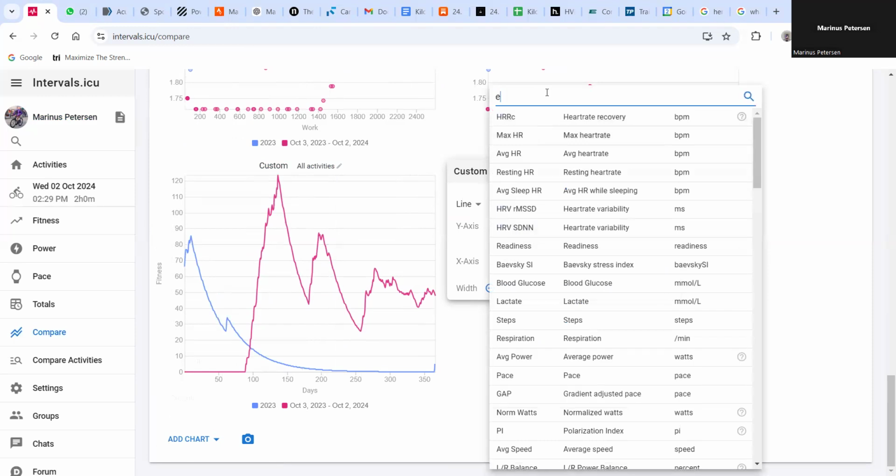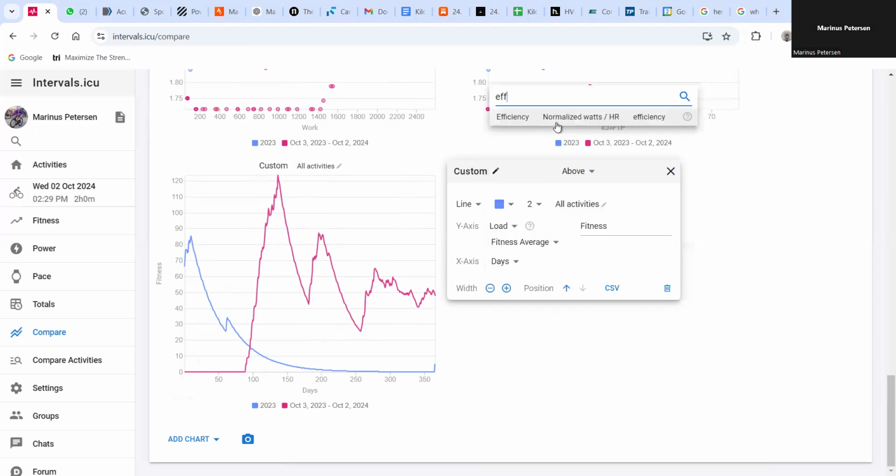If you pick efficiency factor, it gives normalized power divided by heart rate. I would prefer average power, although perhaps there's something in using normalized power, because it reflects that your heart rate tends to be higher when there's some intensity on the ride. So it's not a perfect metric, and there's lots of things that are going to throw off your heart rate.